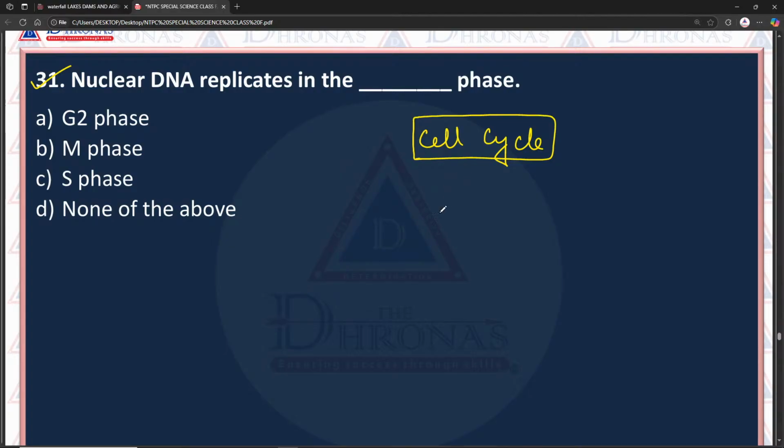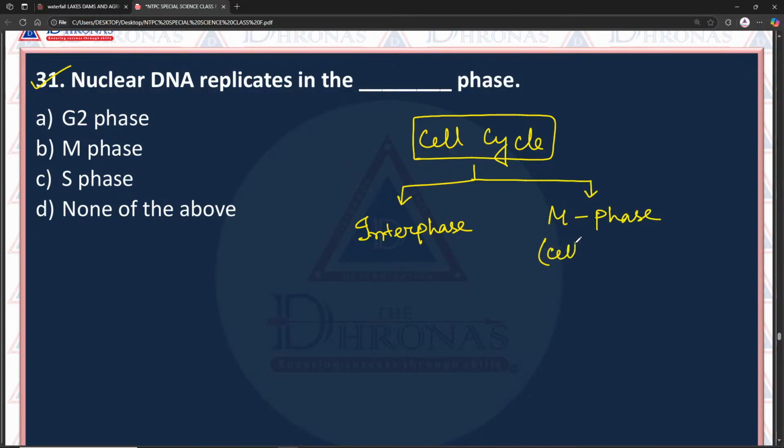So DNA synthesis कौन सी phase में होता है? Cell cycle consists of two phase. One is interphase, another one is M phase. This M phase is actually cell division phase. ठीक है? M phase का मतलब है either mitosis हो रहा है, either meiosis हो रहा है. ठीक? That means cell division हो रहा है.